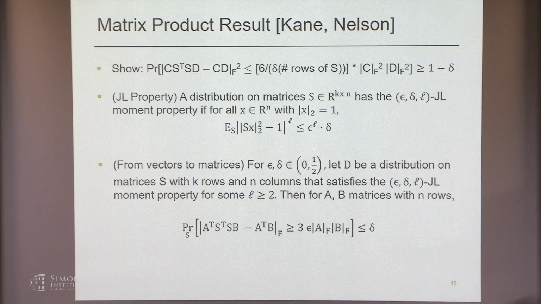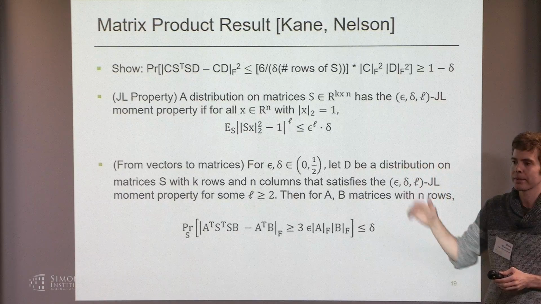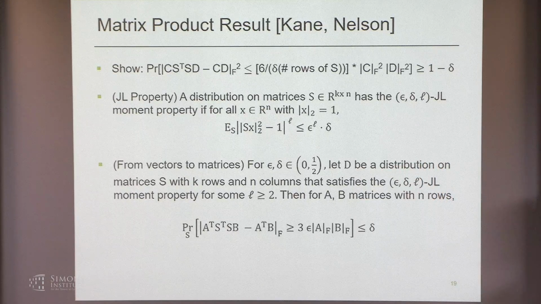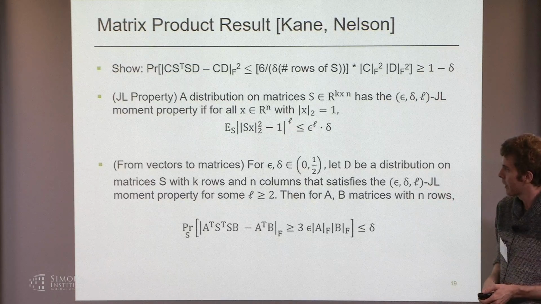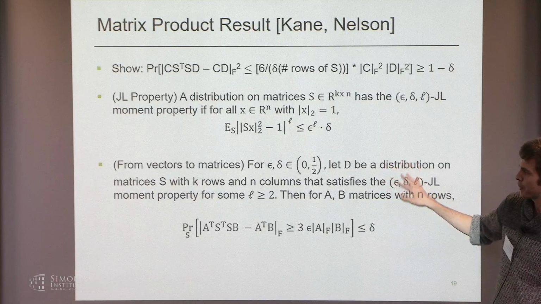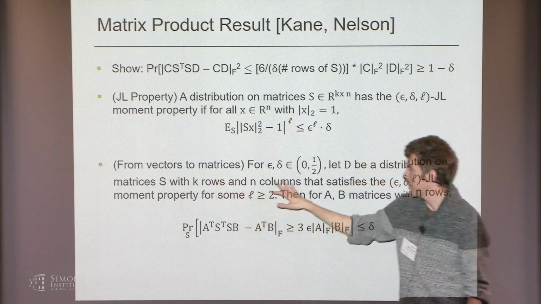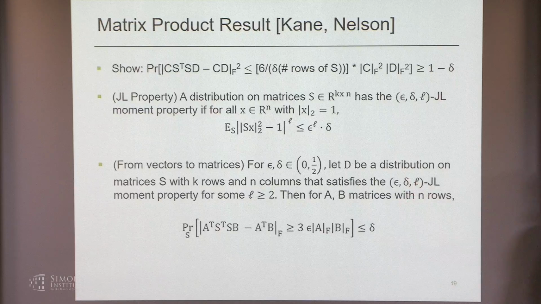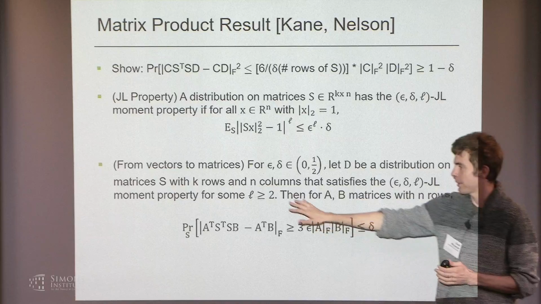And we'd like to go from this statement to this approximate matrix product statement that I said. So the transition is the following. Let D be a distribution on matrices S with k rows and n columns that has the epsilon, delta, L JL moment property for some L at least 2.